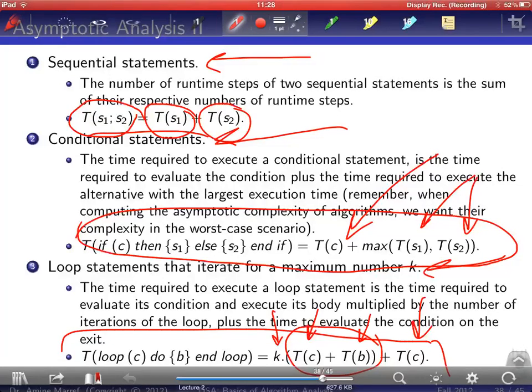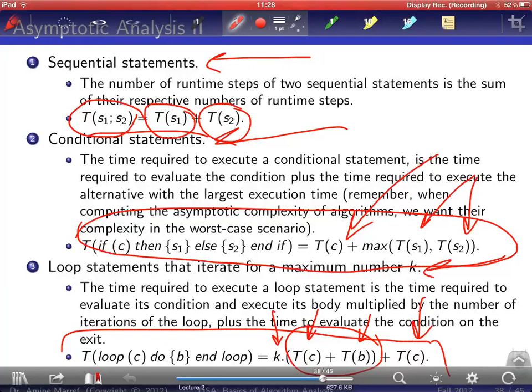So what is the maximum of this and this? This one is big O of 1, and this part is big O of n. Do we all agree it's big O of n?